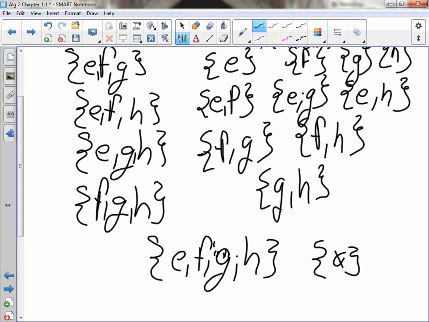So pretty much saying that EF and FE, if we said that these weren't the same thing, then we'd have to list the order. If order matters, then they increase. But here we're saying order doesn't matter, that those would be the same no matter how we wrote them. It limits it a little bit.